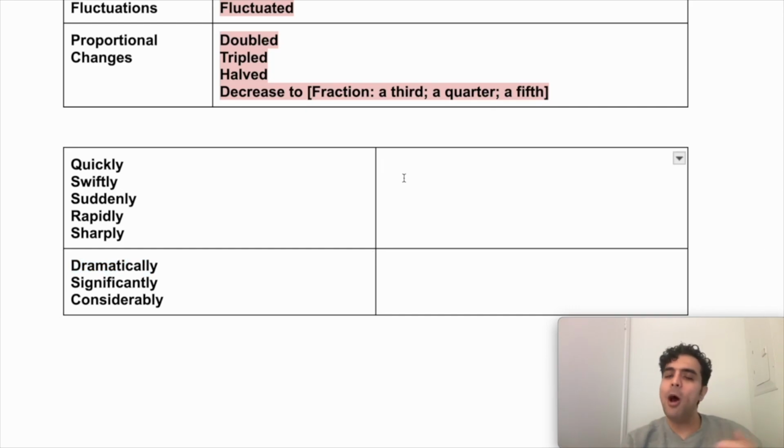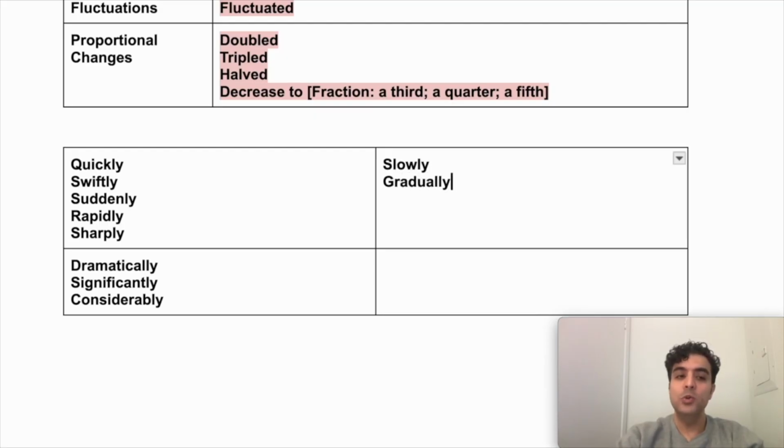But what about the opposite? What if we want to describe how the change has occurred, but we're not emphasizing how quickly or how great the change has been, but rather we want to emphasize how the change has happened very slowly. All right, so as you can see, the first adverb we could use is slowly. But what else?